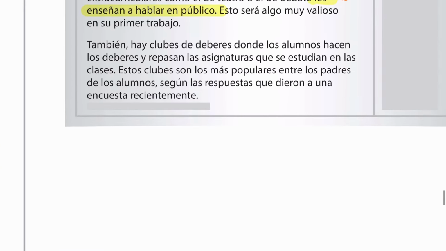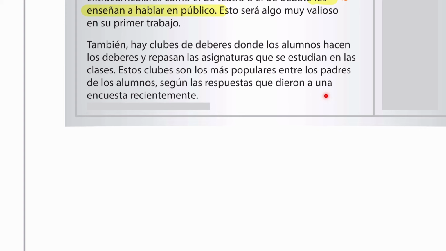So homework club, interesting. Doesn't seem very fun. También hay clubes de deberes donde los alumnos hacen los deberes y repasan las asignaturas que se estudian en las clases. Estos clubes son los más populares entre los padres de los alumnos, según las respuestas que dieron a una encuesta recientemente.